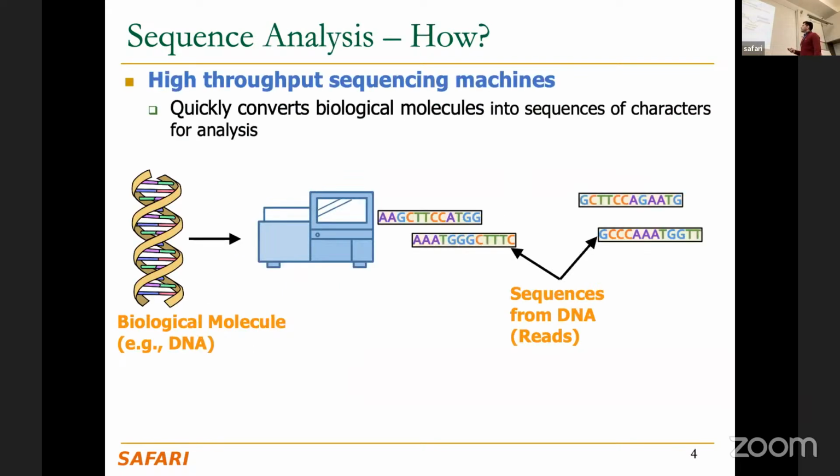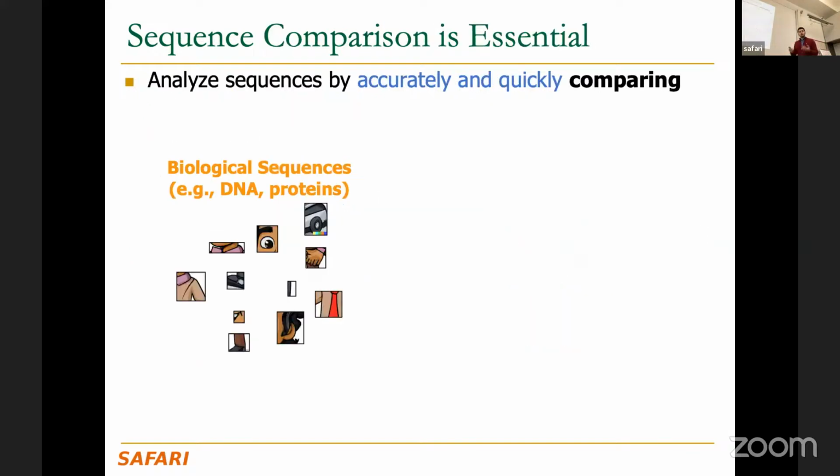And since these reads are fragmented and we don't know the origin of these reads in the genome, the goal is usually to have some understanding of where these fragments are coming from and how they differ, let's say, what sort of mutations they may have and so on. And to achieve these, the sequence comparison is very essential to understand these features, so that we can analyze these sequences accurately and quickly.